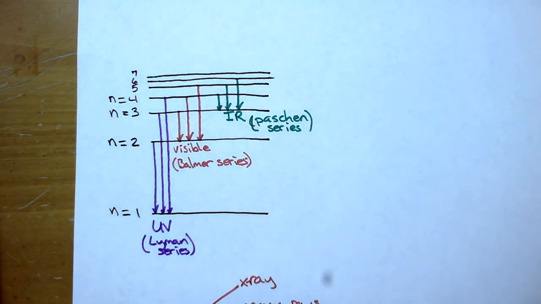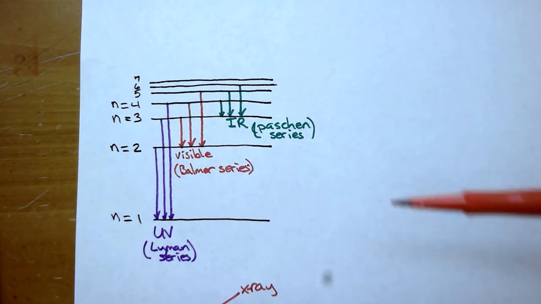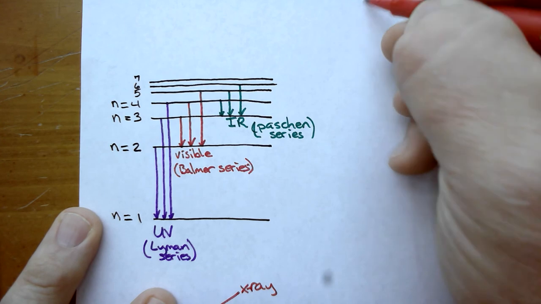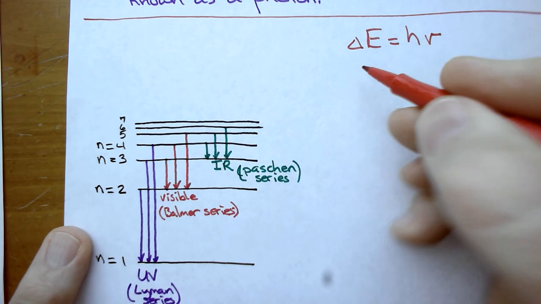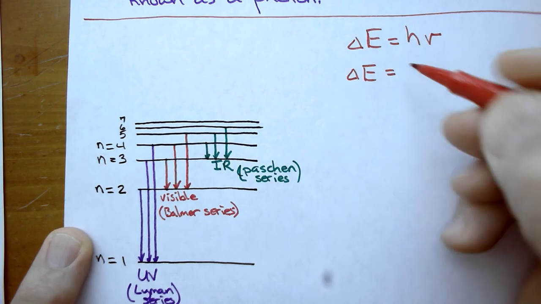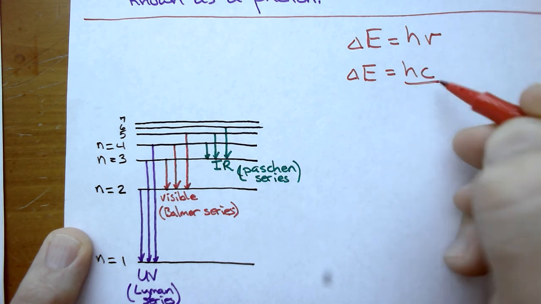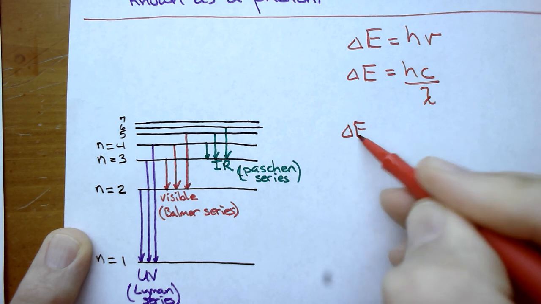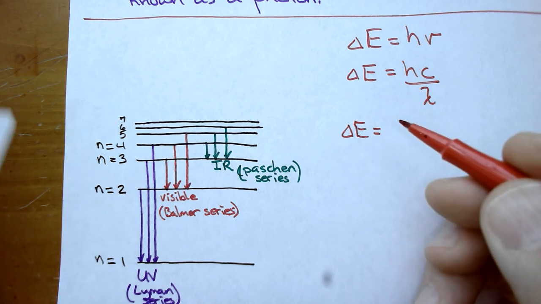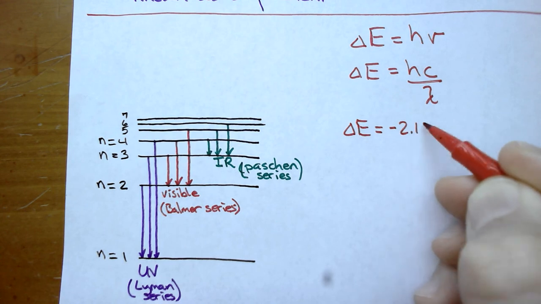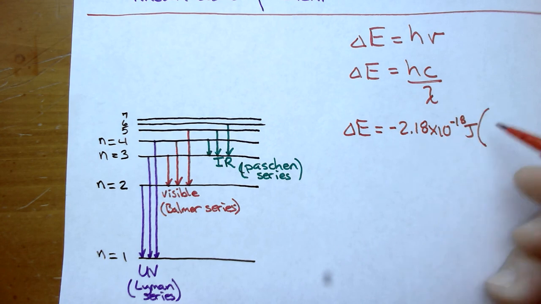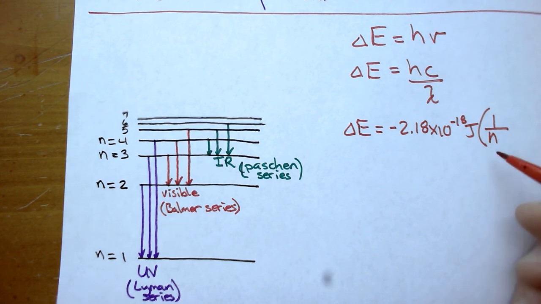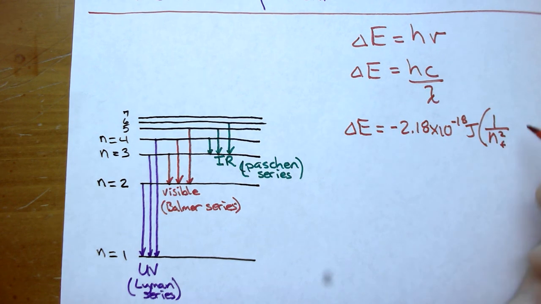And we can figure out any of those using the equations delta E equals h times frequency, delta E equals hc over lambda, and delta E equals negative 2.18 times 10 to the negative 18th joules times (1 over n squared final minus 1 over n squared initial).